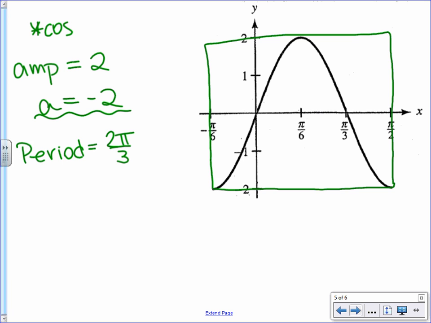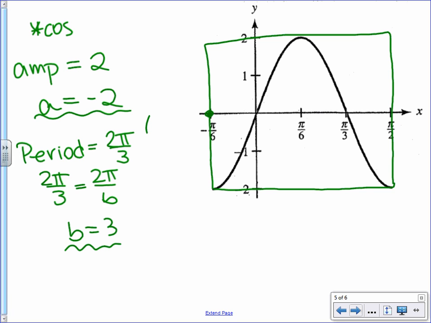However, we have this chunk from negative pi over 6 to 0, and we have from 0 to pi over 2. So we have to add those two distances together to get the 2 pi over 3. So 2 pi over 3 equals 2 pi over b. B is 3.